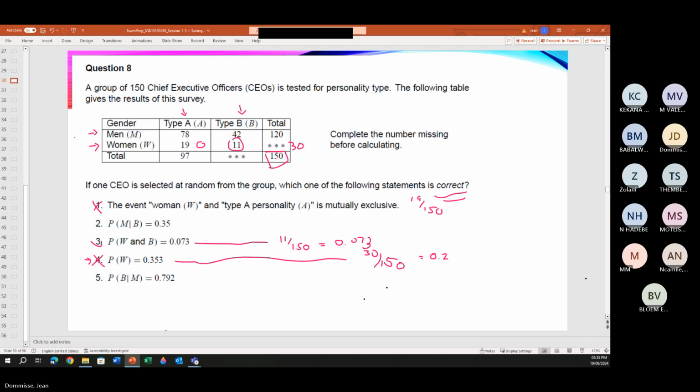Then probability of male given B. So just remember we write it nearly as probability of M and B. So that's always the shortcut, probability of the two divided by the probability of the last one.